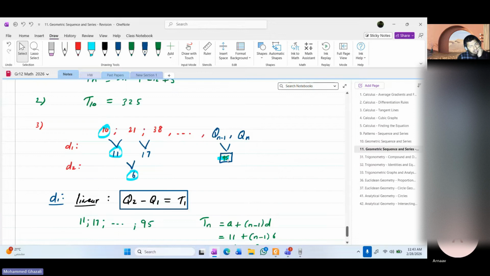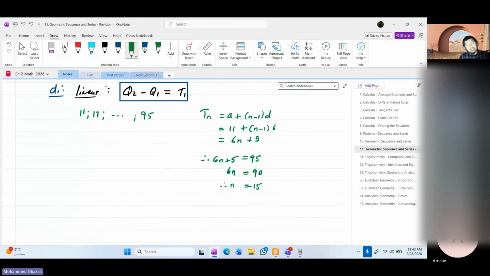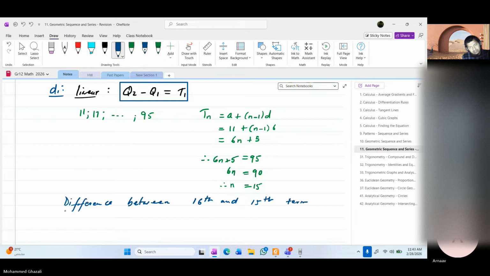So this is term 15. So in the quadratic pattern, it will be the difference between the 16th and the 15th term, which is 95.